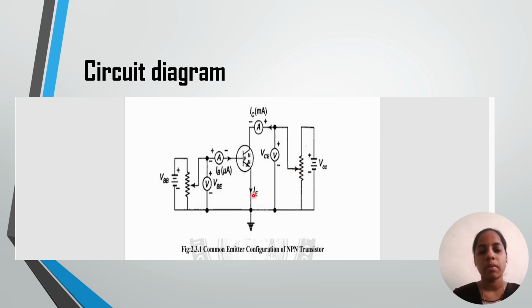The emitter terminal is grounded, common to input and output. This is the base voltage VBE and the collector voltage VCE at the output. IB is the base current and IC is the collector current of the transistor.